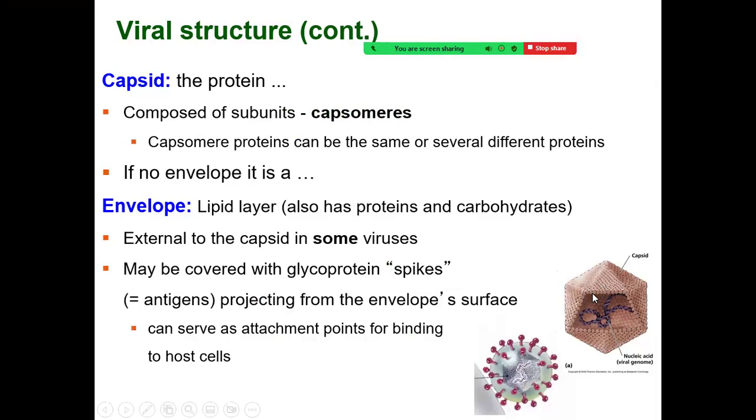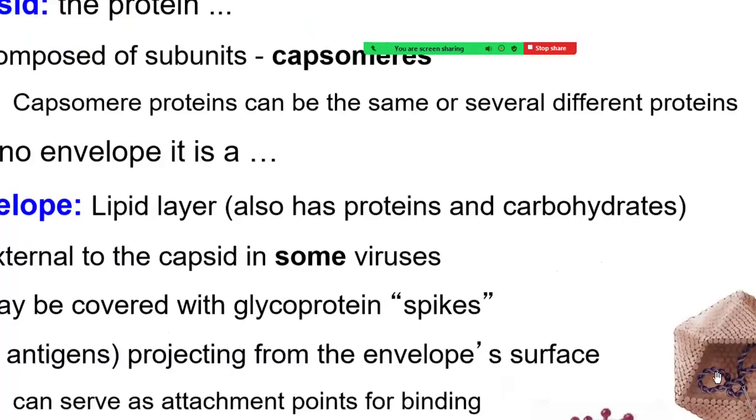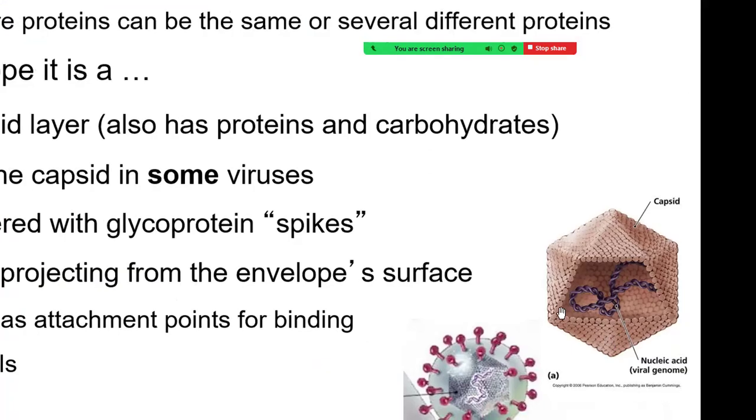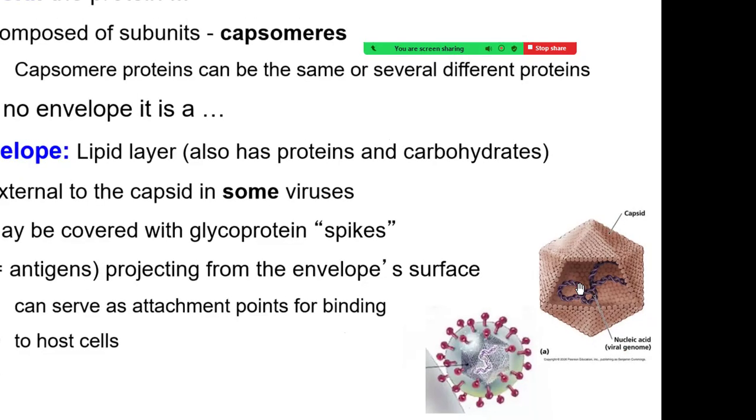Each of these little circles is a capsomere, it's one protein. As you can see, this entire virus is composed of only one protein, and of course, the genomic molecule.